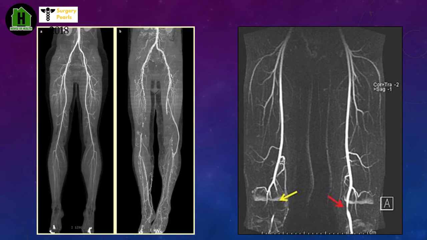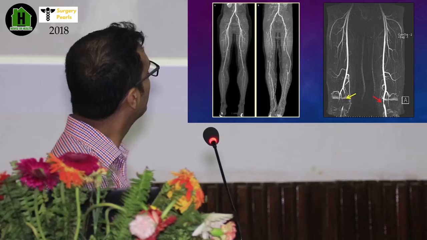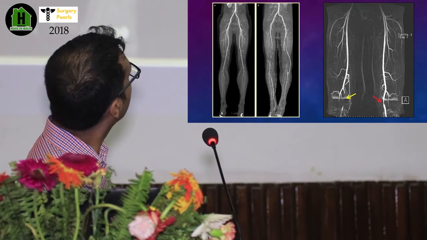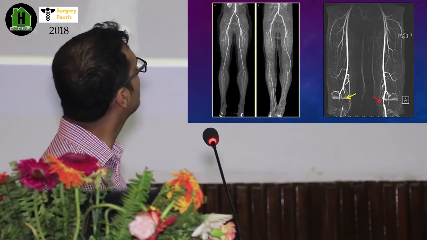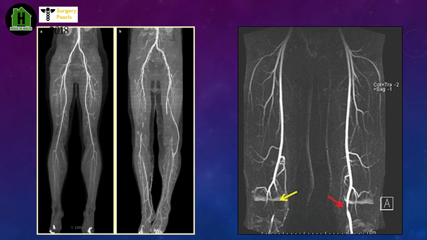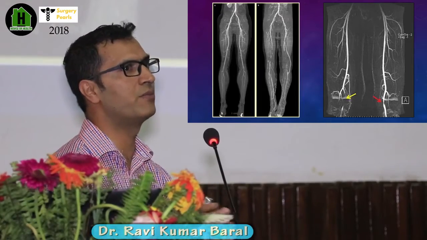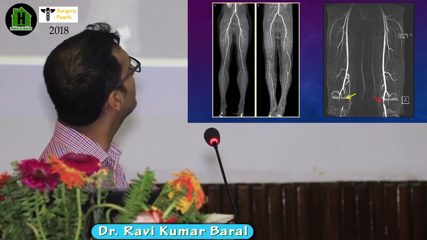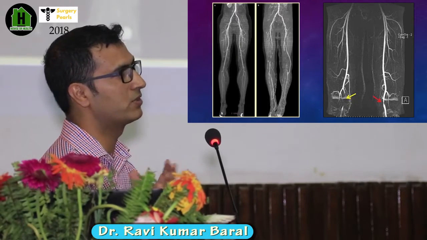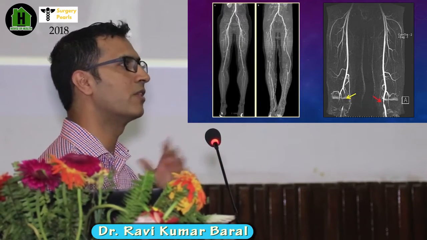Here in the first picture we can see there is a lot of filling in the superficial femoral artery, which is well visualized in the CT angiogram. This CT angiogram has some advantage even in the acute limb ischemia setting, in that we know where to access the arterial tree of the lower limb.